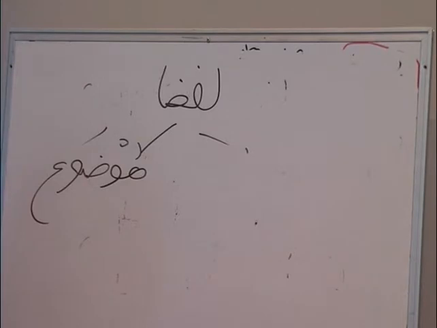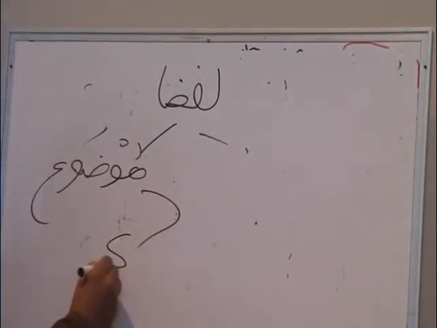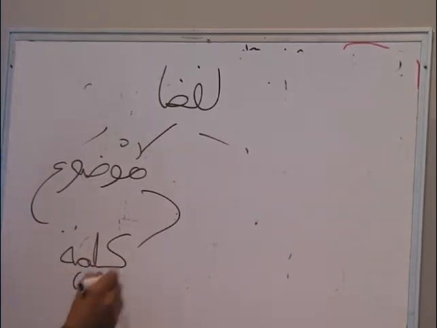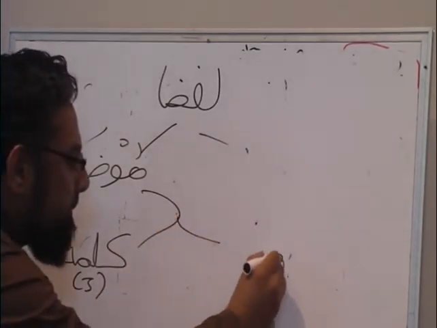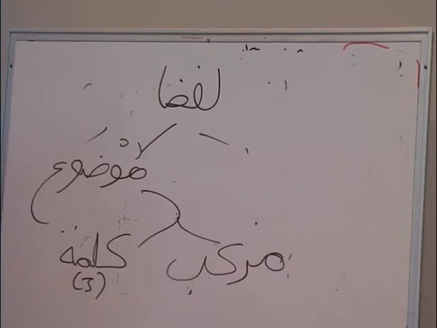And we understood in the Arabic language in the mawdu there are 3 types. There's the kalima, which was of 3 types, and then the murakkab. A murakkab means a combination of words.